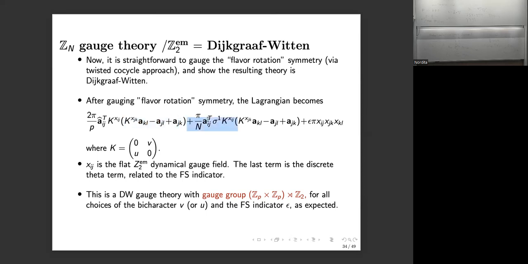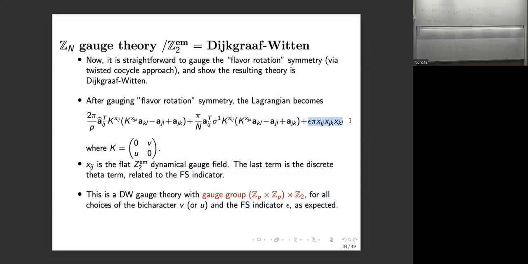The second term and last term are the Dijkgraaf-Witten twist terms. In particular, the last term is the choice which you can add by gauging this Z2 EM symmetry. So this is just the twisted term corresponding to the Frobenius-Schur indicator in the duality defect.